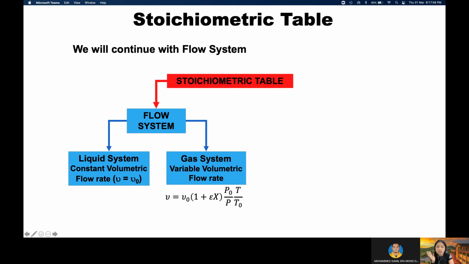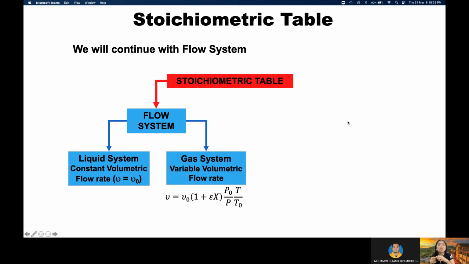So if it's liquid, we can safely assume the volumetric flow rate, in and outlet, inlet and outlet is the same. However, for a gas system, this no longer applies. Flow rate inlet and outlet for gas phase is no longer equal.